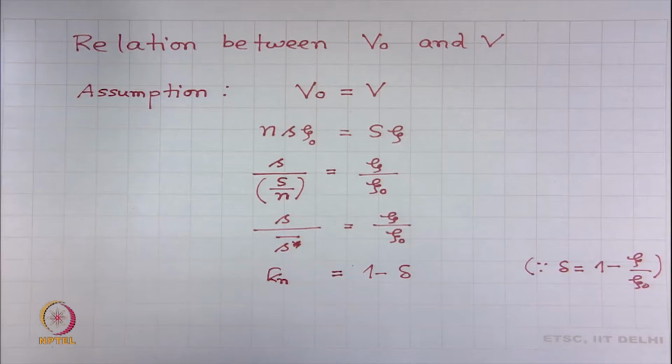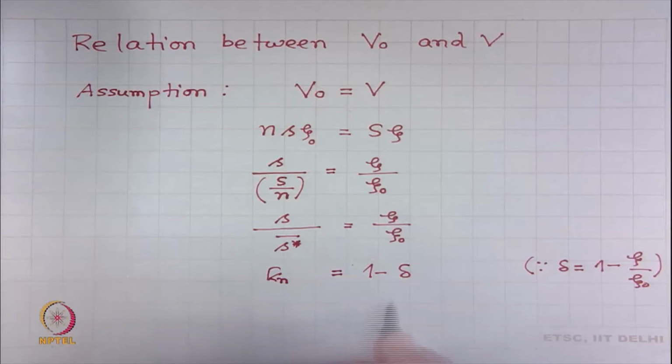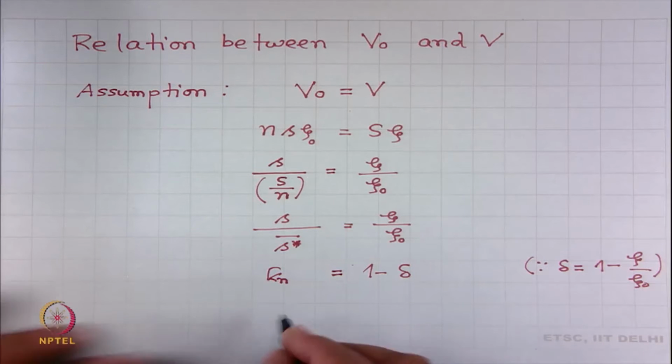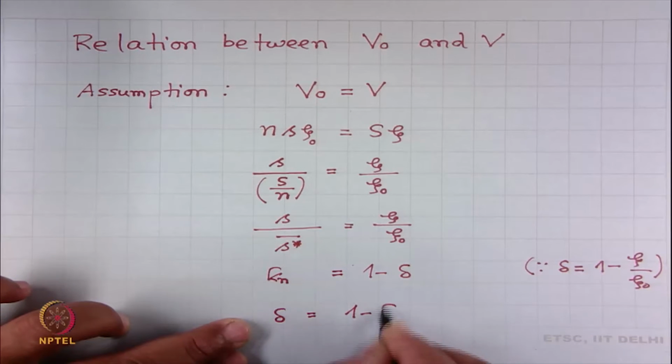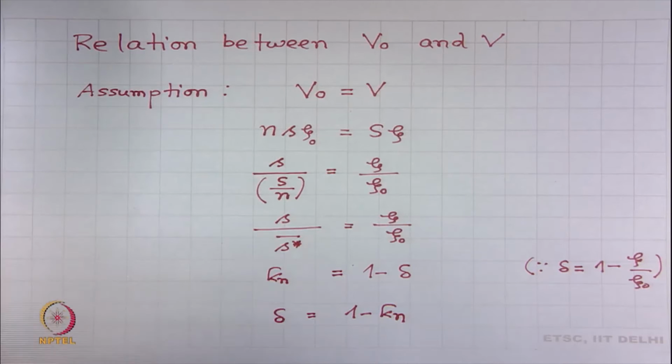So, a very important relation we obtain here, coefficient K n is equal to 1 minus retraction, or we can write retraction is equal to 1 minus K n. So, retraction is 1 minus K n, all right.